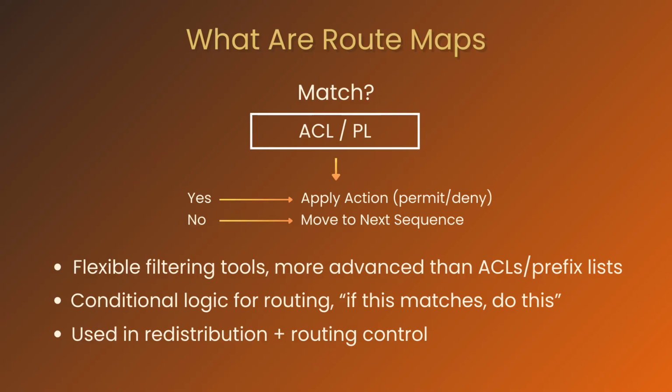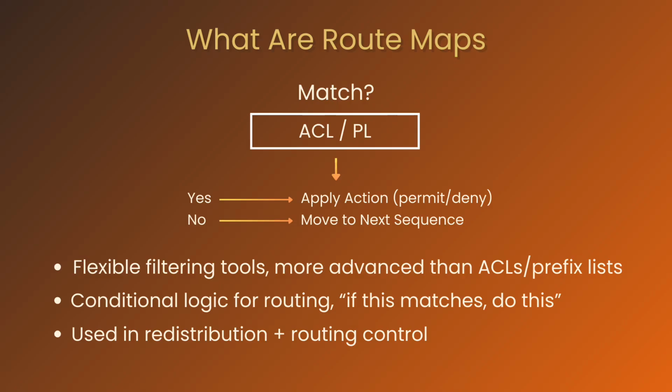Route maps are like conditional policies for your router. They work almost like an if this, then that rule set. Instead of relying on just one condition, like ACLs or prefix lists, route maps let you match multiple criteria and then apply action to the routes that match. They can filter routes, change attributes, influence path selection, or completely redirect traffic.